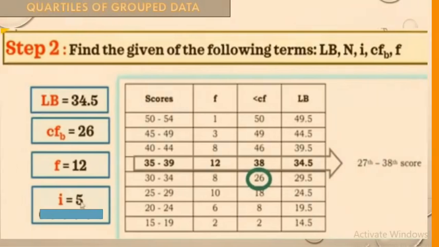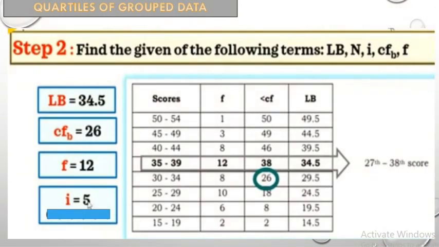Okay? And again po, our step 2 is to find the given of the following terms, yung LB, NI, CFB, and F. So, our LB or lower boundary is 34.5. Makikita po natin sa ating column. Our cumulative frequency below, remember po, hindi po yung napili natin, kung hindi po yung nasa baba ng ating napili, which is 26.